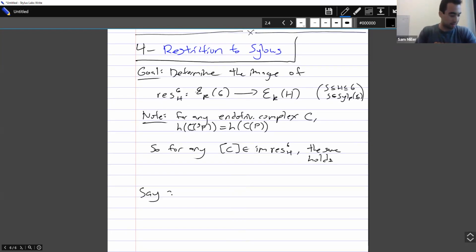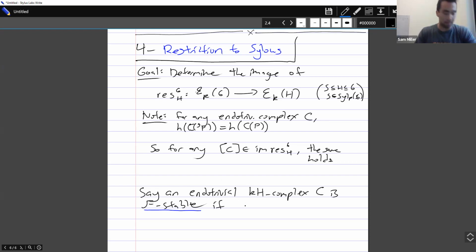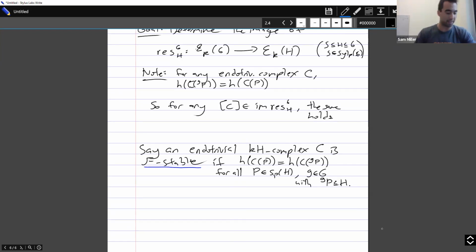So we say an endotrivial H complex C is F stable, sort of for fusion stable, if the H mark at P is equal to the H mark of any G conjugate of P, for all P which are subgroups of H, and g in G satisfying that P conjugated by g is also contained in H, because otherwise the statement makes no sense.